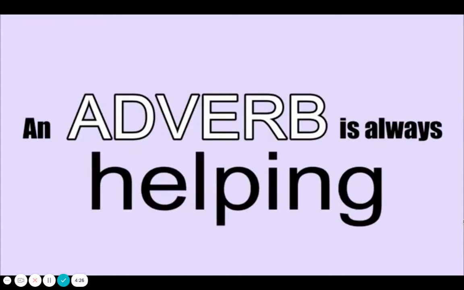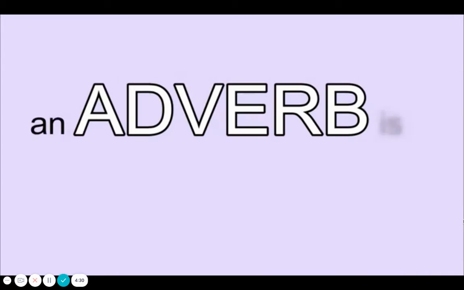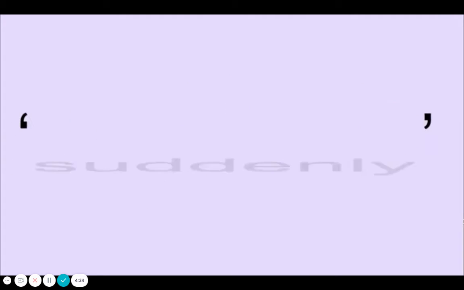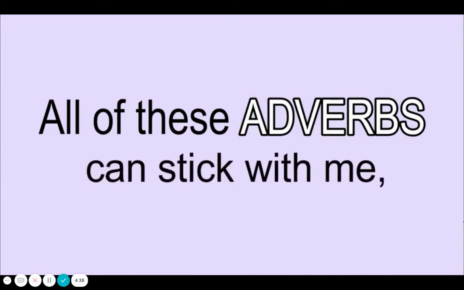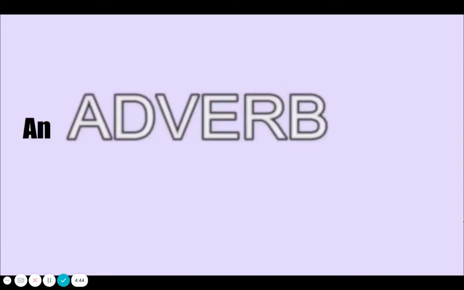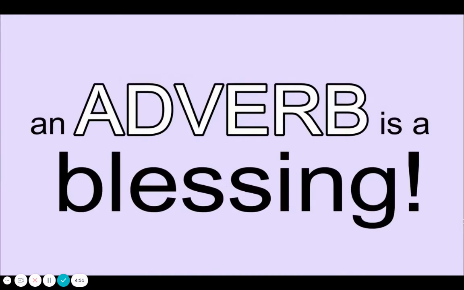The rest of the time, think of how, where, and when. An adverb is always helping. Whenever needs addressing, an adverb is a break it down. Yo, slowly, swiftly, suddenly, unpredictably. All of these adverbs can stick with me, along with the following melody. Check it. How, where, and when. An adverb is always helping. Whenever needs addressing, an adverb is a blessing.